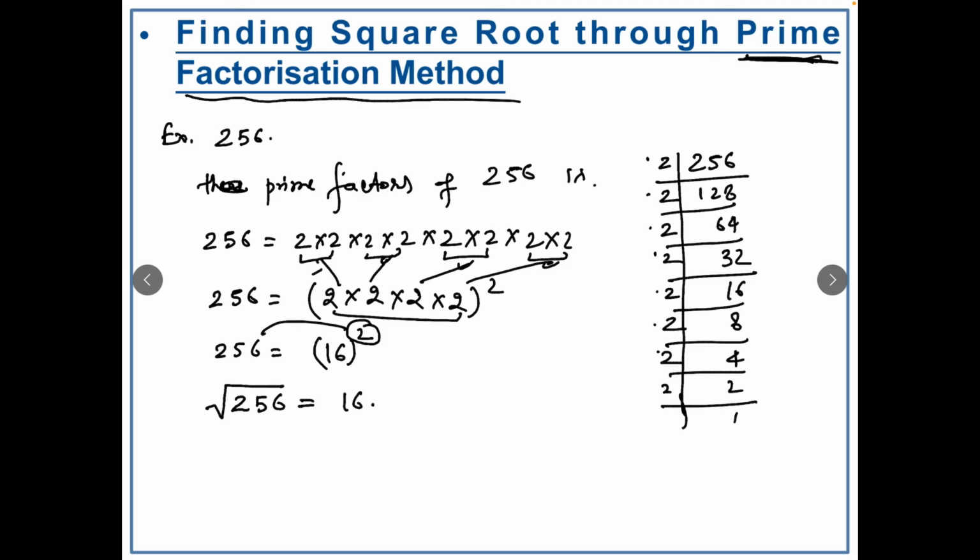That's the answer. If you're asked to find the square root of a number by using the prime factorization method, you will do it like this. You'll first find its prime factors by dividing it by prime numbers, then write all the numbers in front of the number, then make pairs of each number. Okay, then write the numbers in the bracket with the power 2, then multiply the numbers, and you will get 16 square like this.